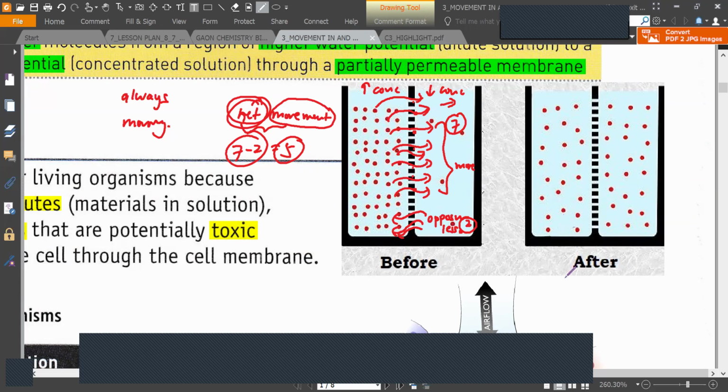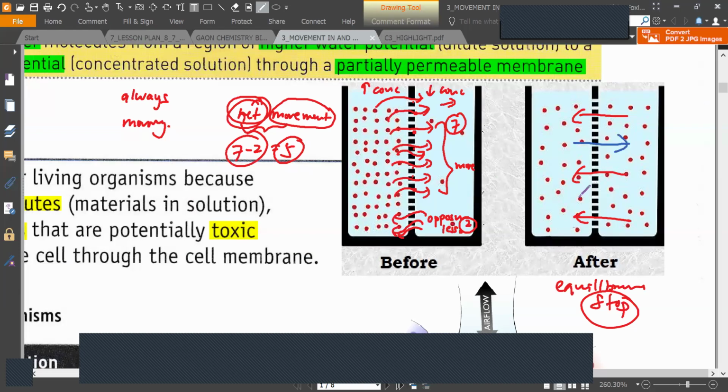So after we reach equilibrium, we're not saying that it completely stopped. It does not stop. It's still moving, but left to right and right to left are the same. Both directions have the same amount of movement.